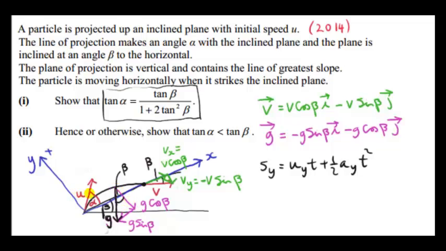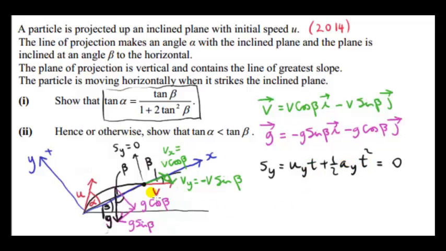So basically we're just resolving the force on the particle, which is vertically down, in a direction parallel to the y-axis, because we want to know what happens here. This is where sy is 0, so we're looking at this formula for the y coordinate. From this formula we can solve to find t, the time of flight.